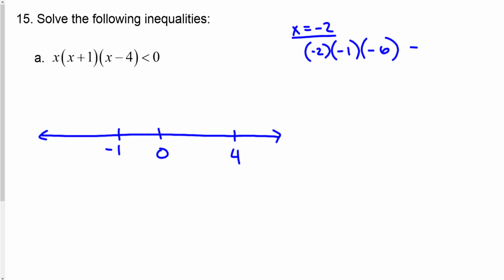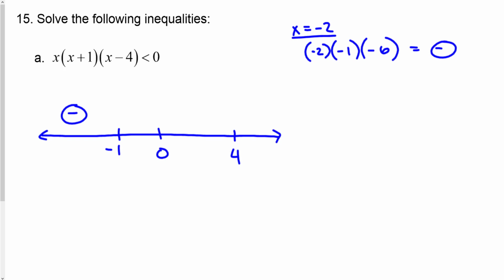The result is going to be negative. It doesn't really matter what the number is. It just matters that it's negative. Now, the next interval, I could use negative 1/2 and I could do the same thing. But if you understand the concepts of what's happening here with multiplicity and the behavior of zeros, you don't really need to do any more than this.